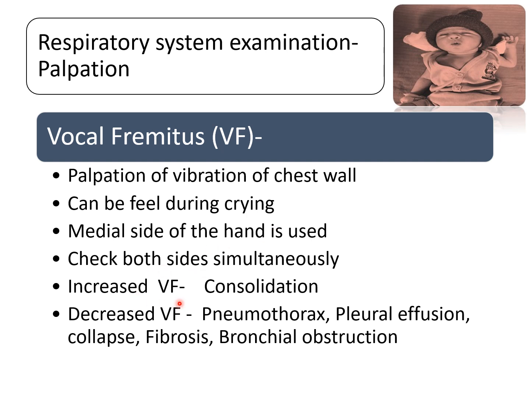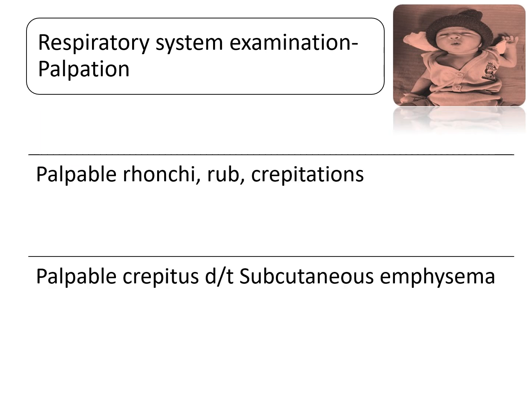Increased VF is seen when the patient is having consolidation, and decreased VF if having pneumothorax, pleural effusion, any pleural pathology, and also in collapse, fibrosis, bronchial obstruction. We should also palpate for any palpable rhonchi, rub or crepitation. Palpable crepitation can be present because of subcutaneous emphysema also.